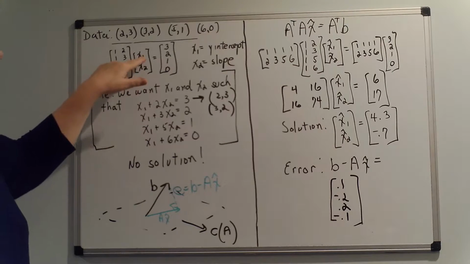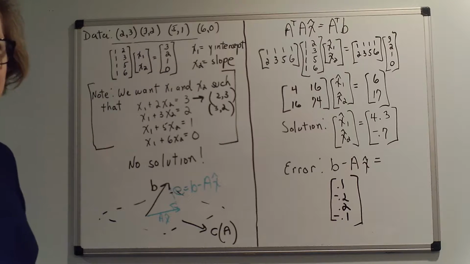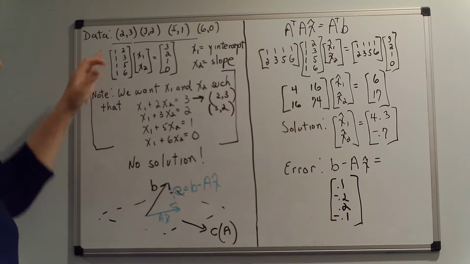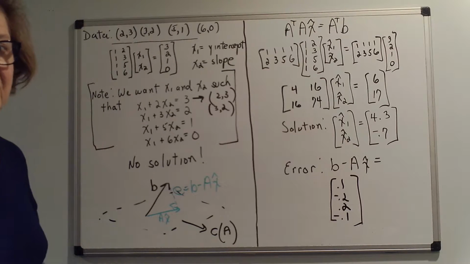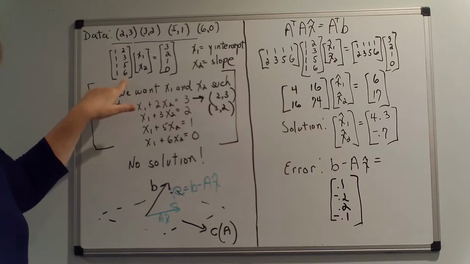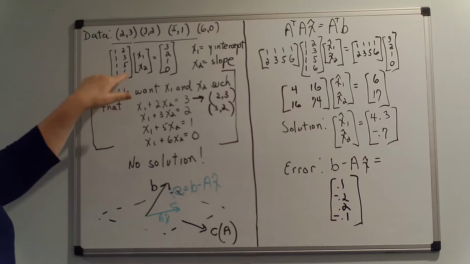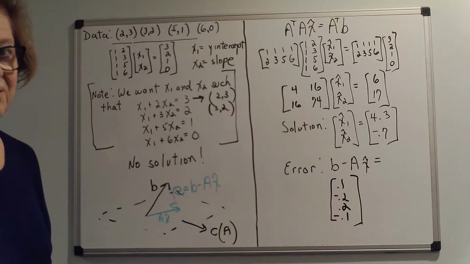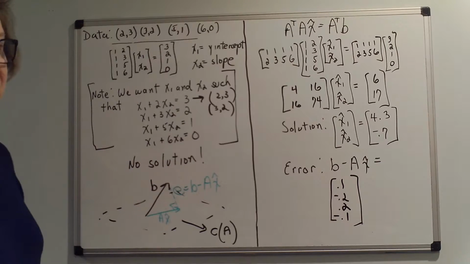So basically x1 is the y-intercept for our line, and x2 is the slope. Ideally, all 4 points could be on one line, and these could all be satisfied. But in fact, if you do our usual routine on this augmented matrix, you're not going to get a solution. There is no solution.